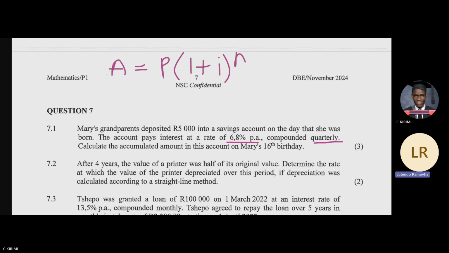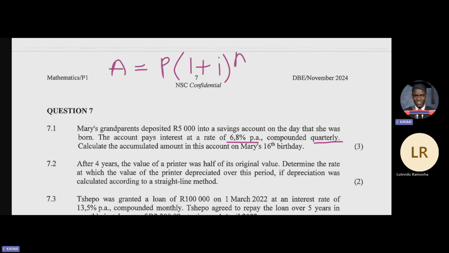Yes. Then we're going to multiply it by 4 because it's quarterly. You multiply by 4 or you divide by 4? Oh, sorry, we divide the interest by 4 and we multiply the number of years by 4. So it's not multiplying the interest by 4, but dividing, isn't it?